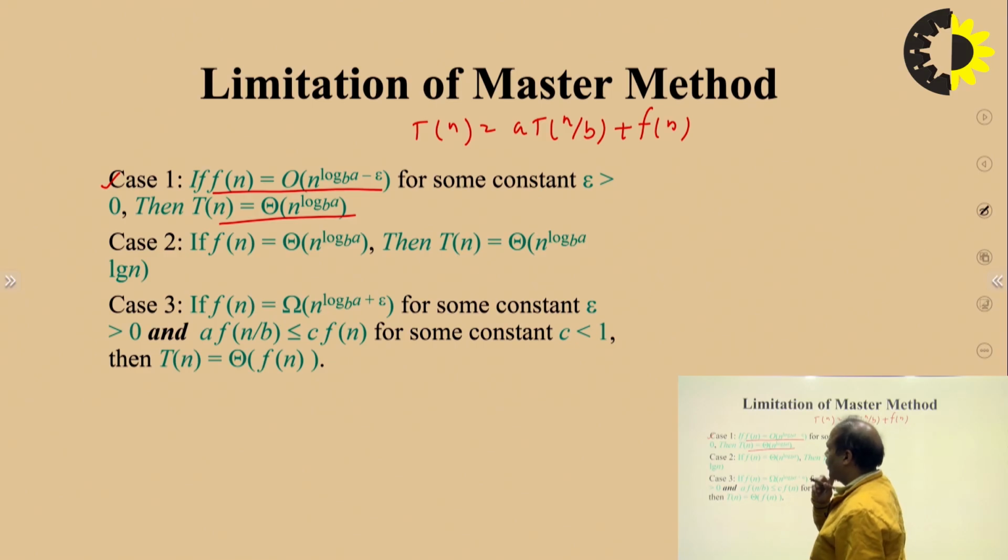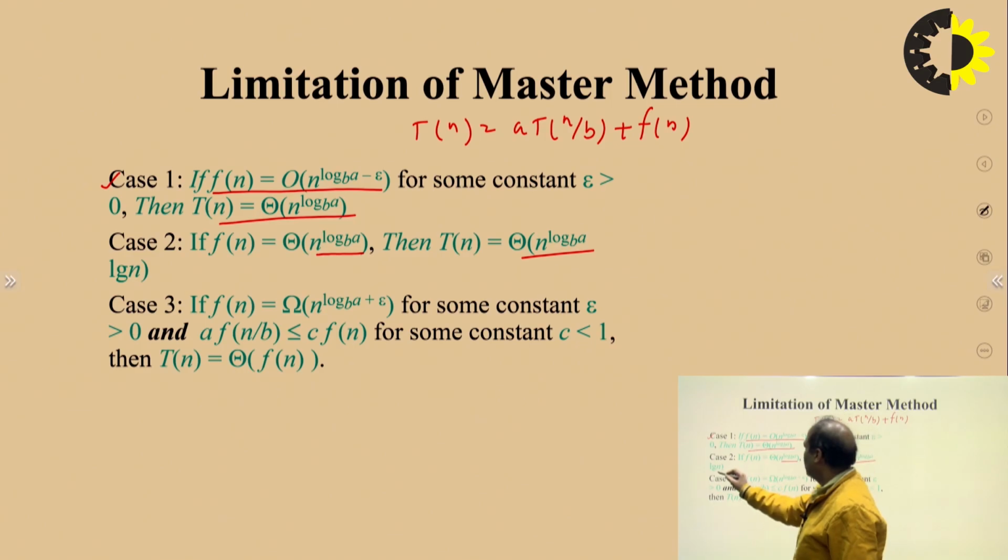In case two, if f(n) is theta of n to the power log a base b, then T(n) is this. This is the solution.